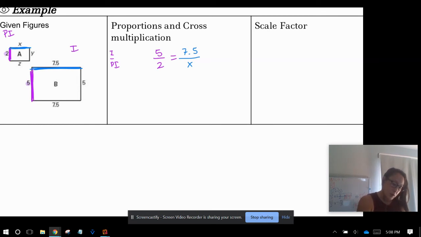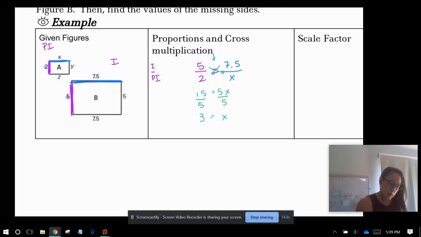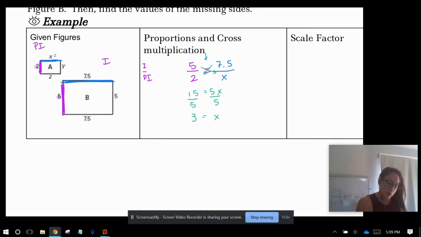I'm going to cross multiply. I can only cross multiply when I have an equal sign in between. Okay, so 7.5 times 2 is 15, and then 5 times x is 5x. Next, I divide both sides by 5 to get x by itself, giving me a side length of 3. So I go over to my image and I say that the pre-image length would be 3.